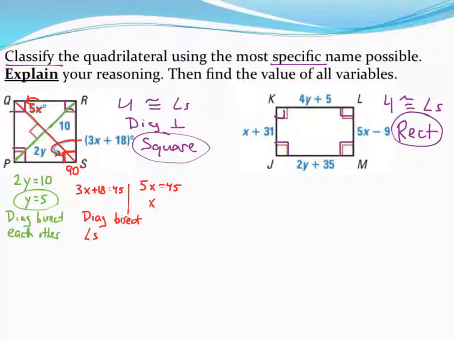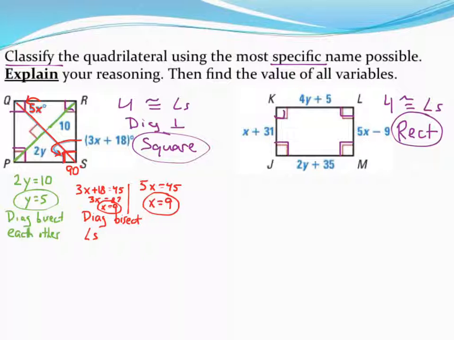This one's easier to solve. If I divide by 5, I get 9. What I was doing when I paused the video a second ago was checking this other equation to make sure I got the same thing. When I subtracted 18, I got 3x equal to 27, and dividing by 3, of course, gets me 9. So either way, I get the same answer, knowing that I'm dealing with half of the angle, the 45 degrees, not the full 90.